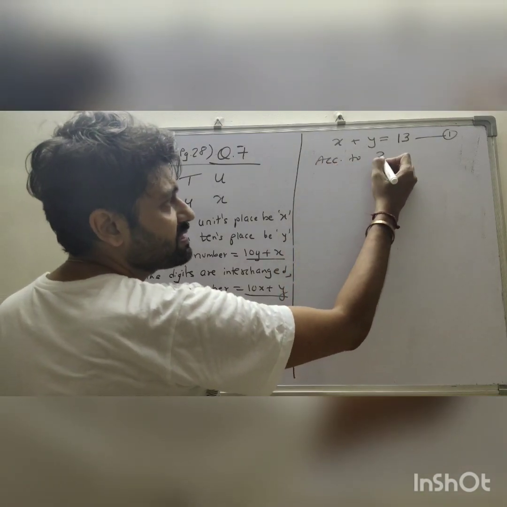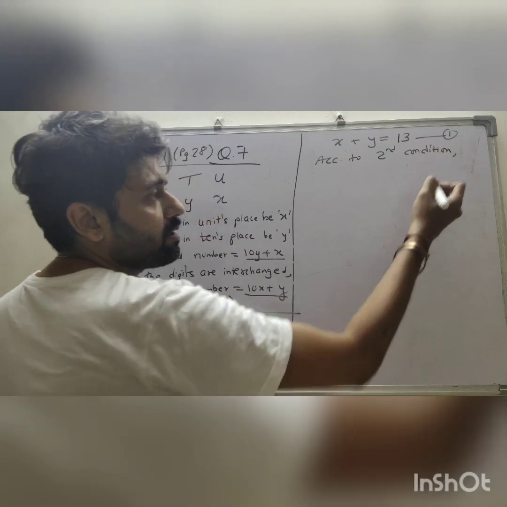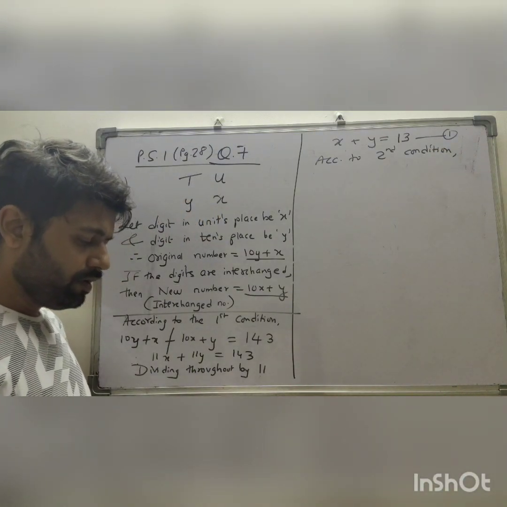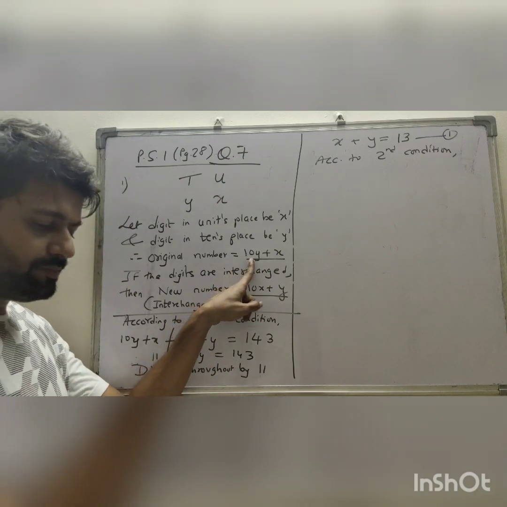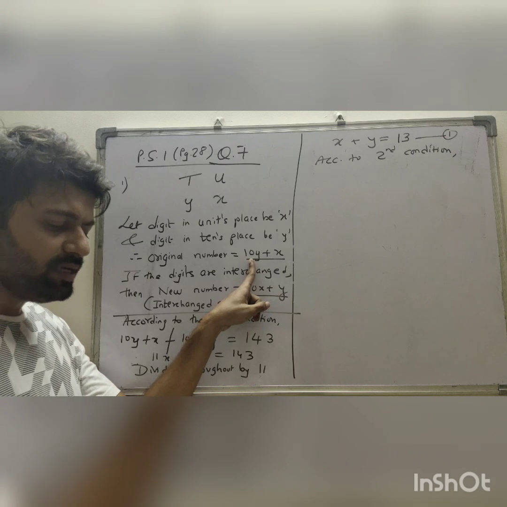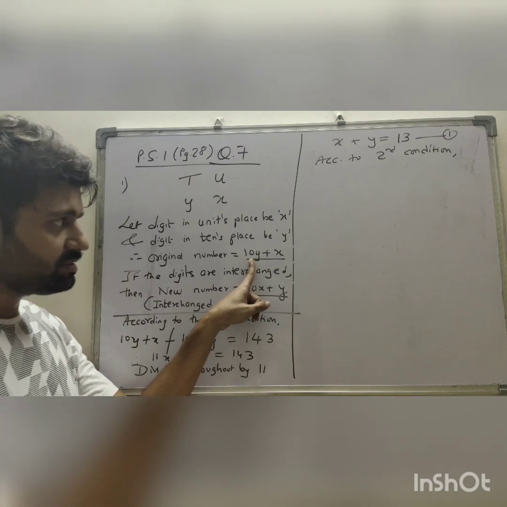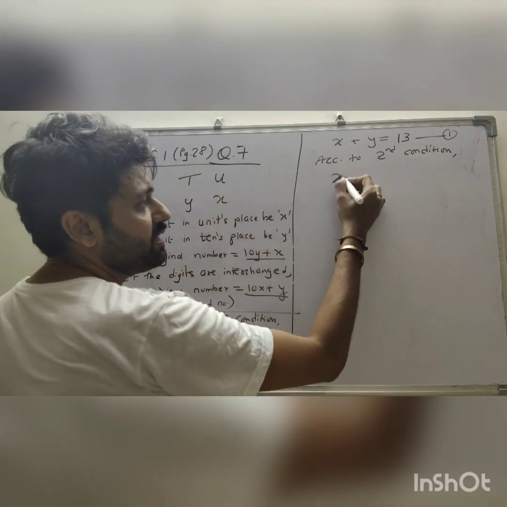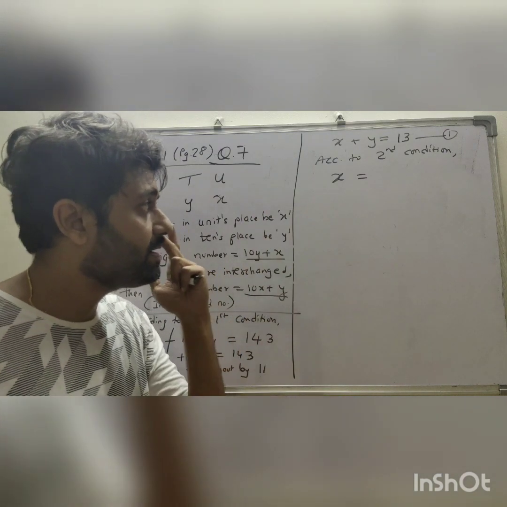According to the second condition, the second condition says that in the given number, the digit in the units place is 3 more than the digit in the tens place.